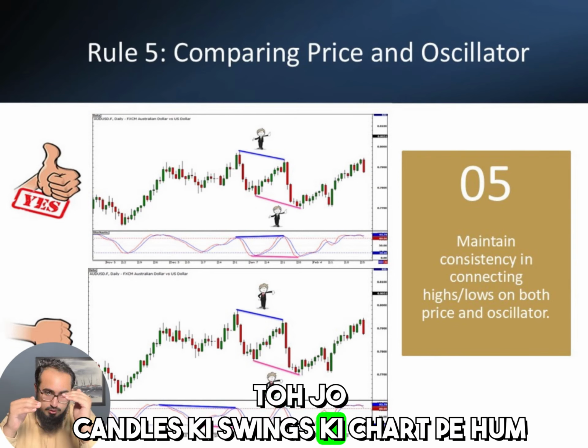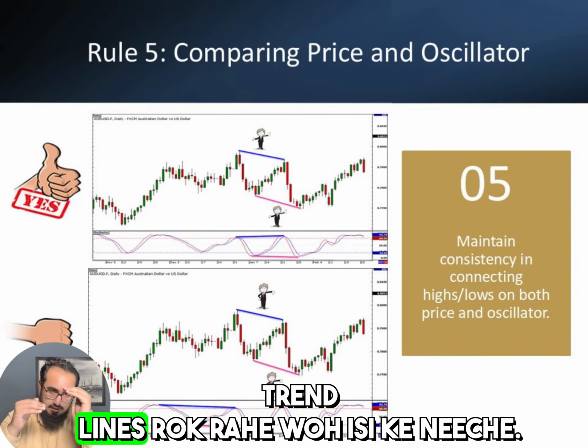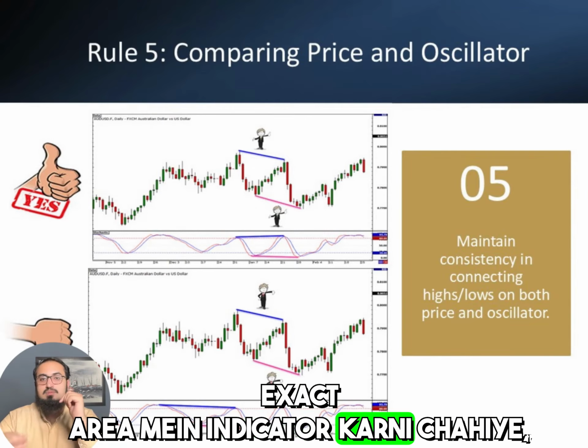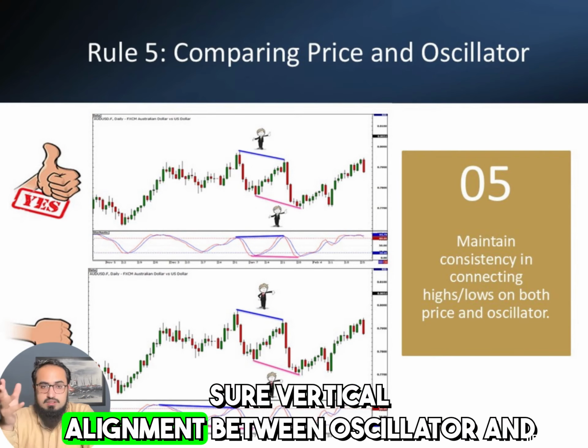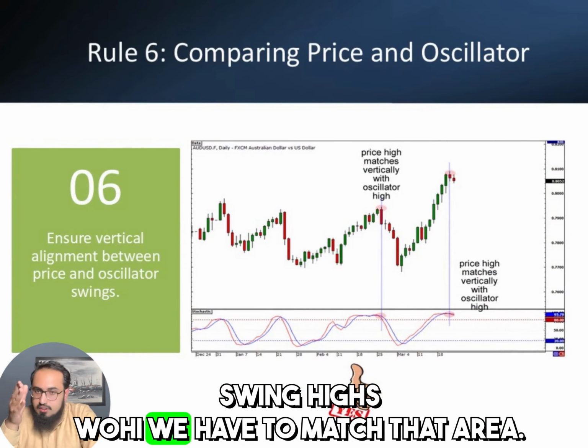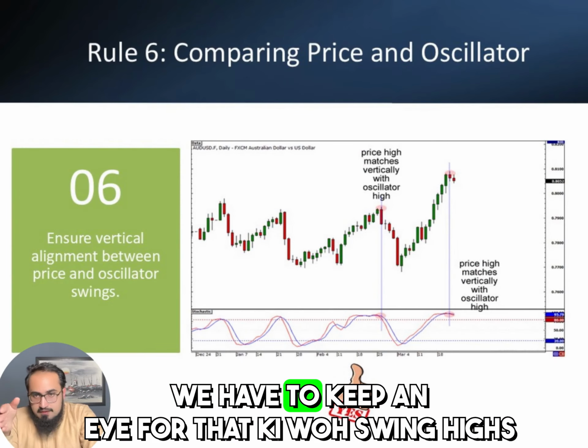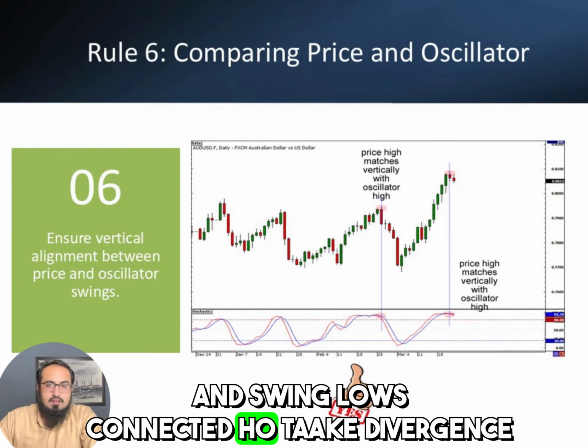So the indicator should be exactly in the area below the swings of the candles we are trying on the chart. If it is too far back or forward, the data will become invalid. The vertical line between the oscillator and price, we have to match that area. We have to keep an eye on that so that the swing highs and lows are connected.